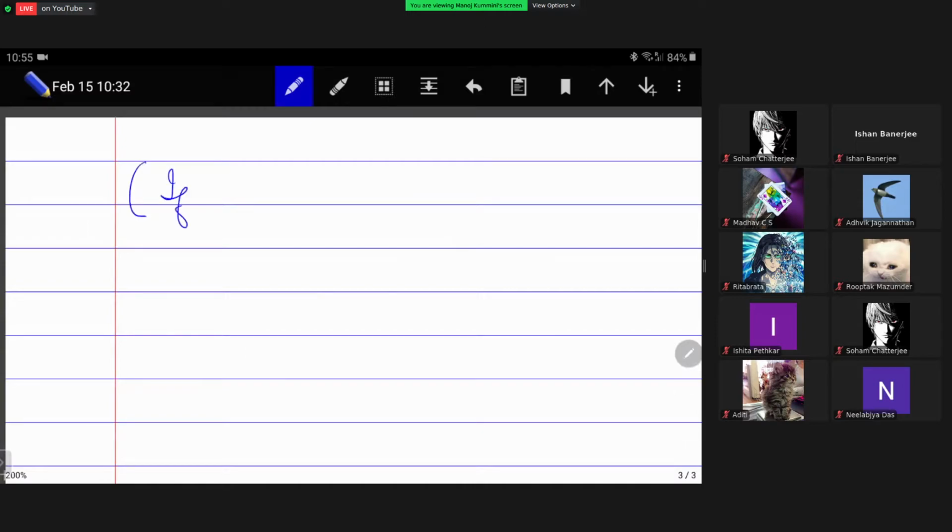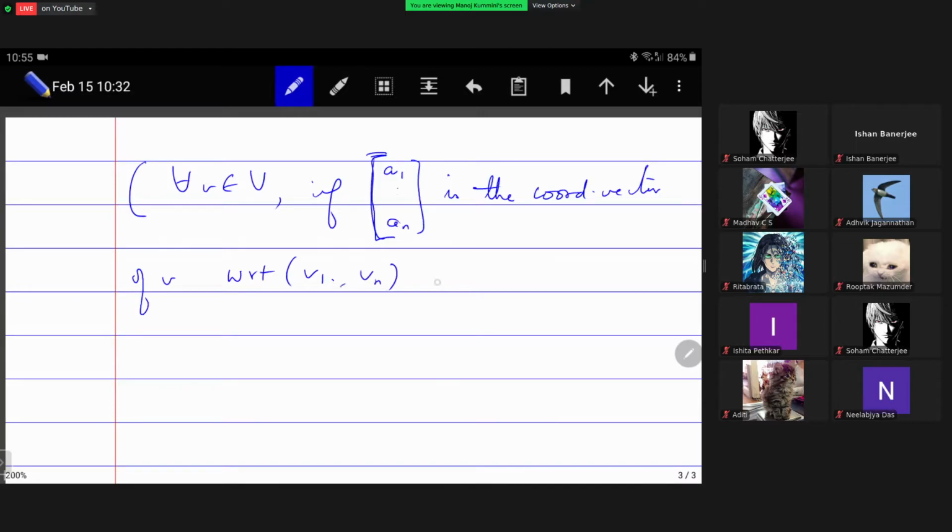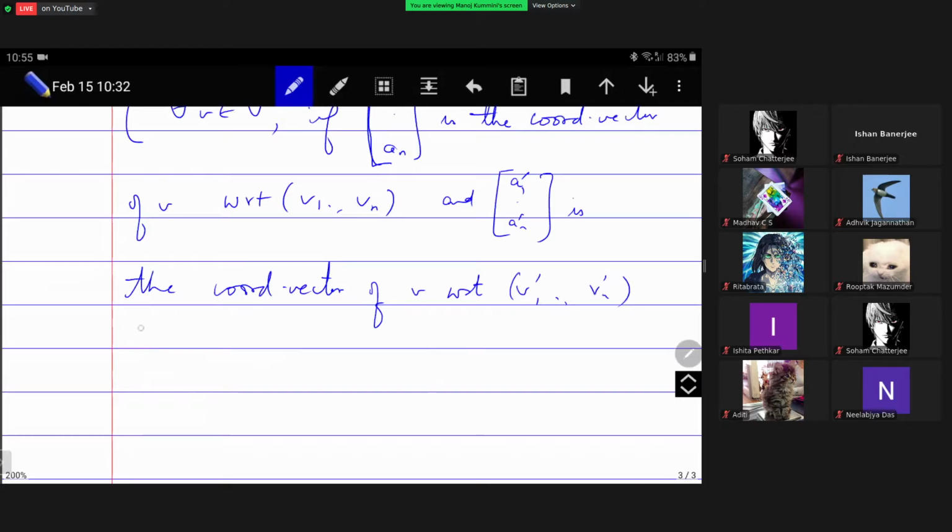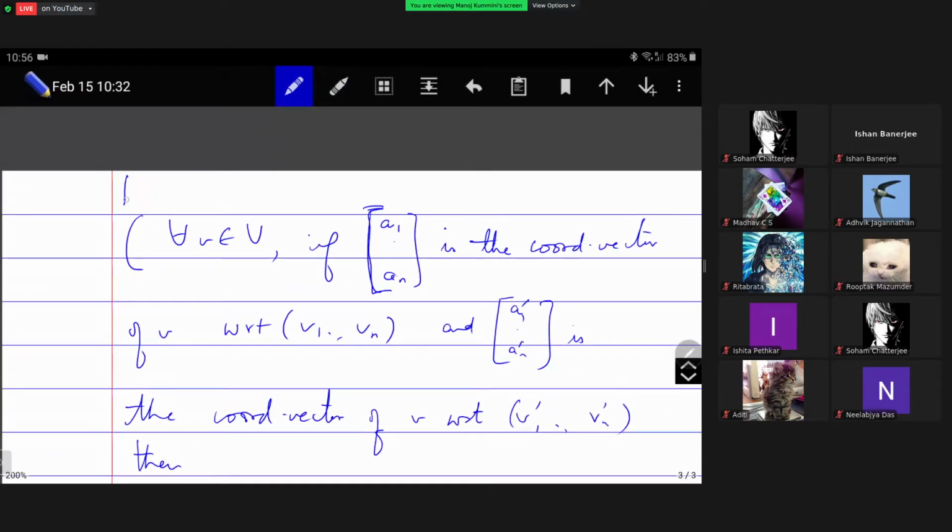This means that for every v inside V, if a1 through an is the coordinate vector of v with respect to v1 through vn, and a prime 1 through a prime n is the coordinate vector of v with respect to v prime 1 through v prime n, two different bases, what's the relation between these two things? Then P has the following property.